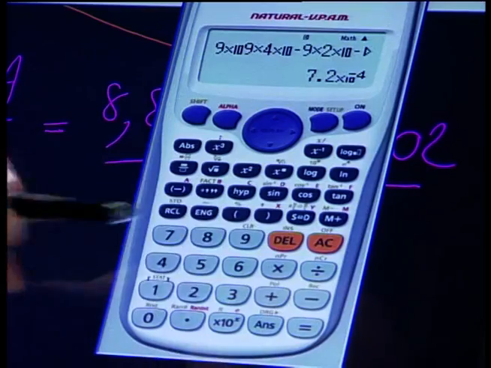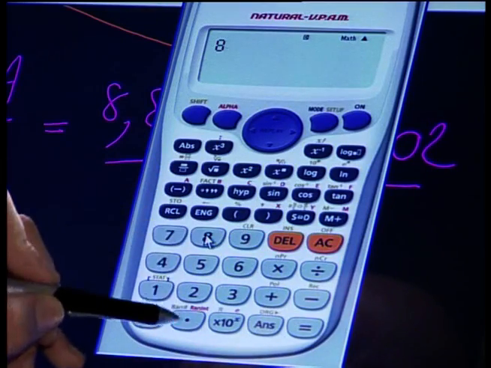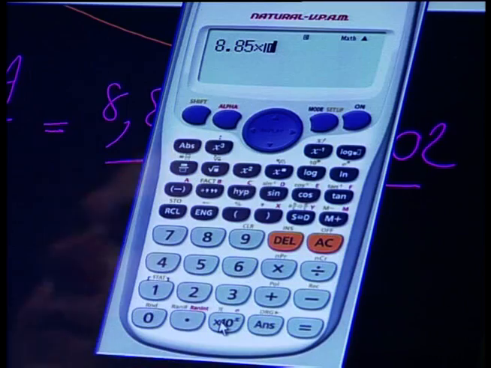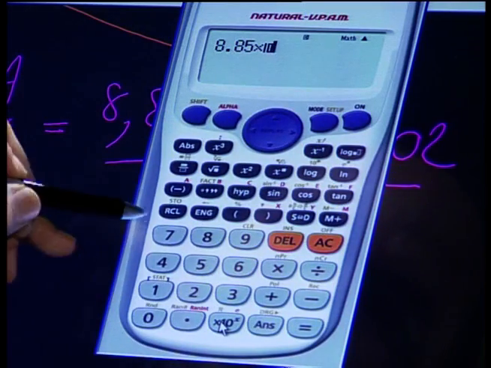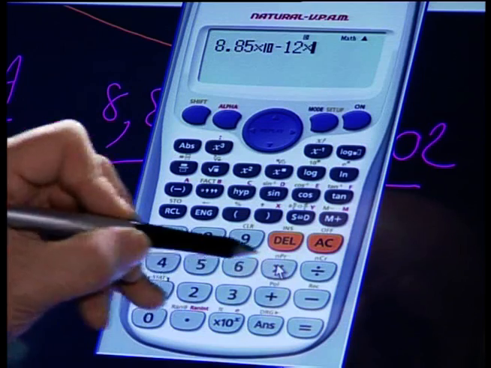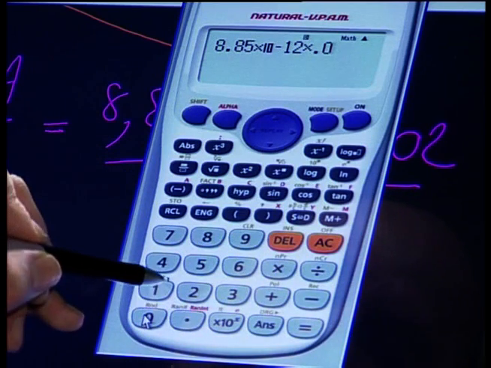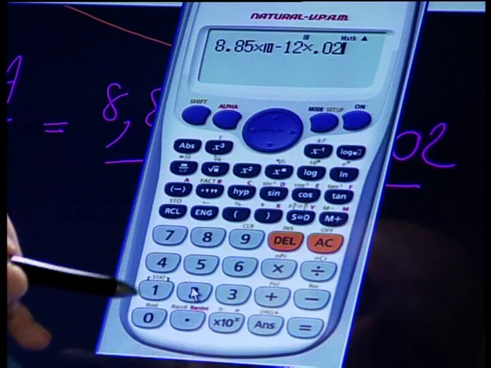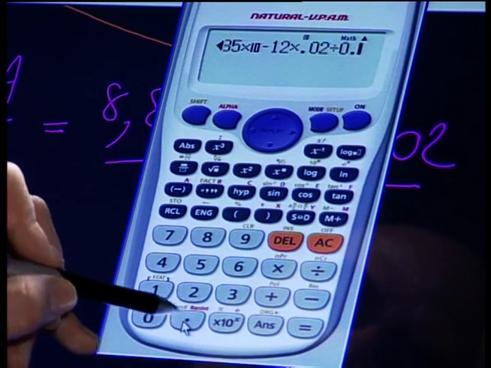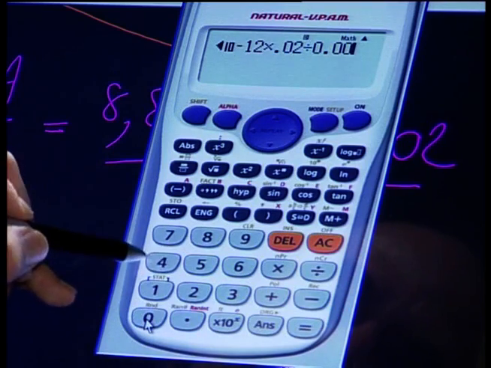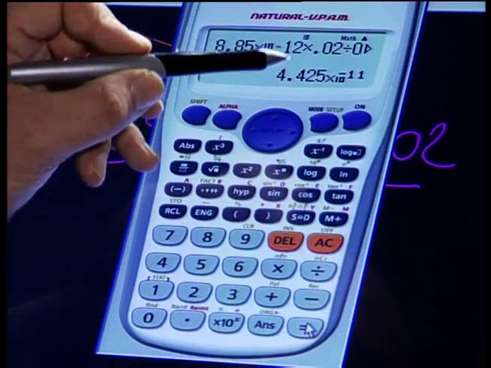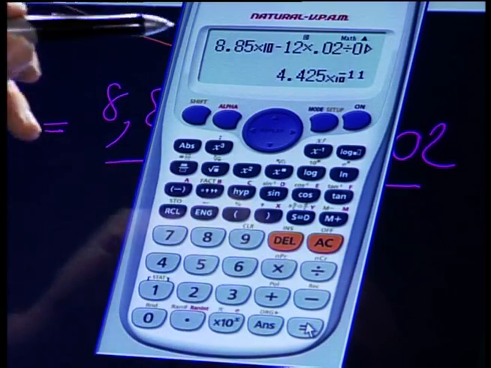Clear that. 8,85 exponent minus 12, times 0,02 meters squared, divided by 0,004. That gives us an answer of 4,425 times 10 to the minus 11.